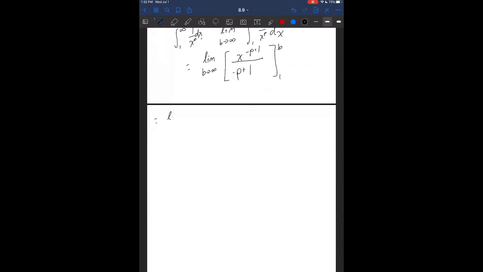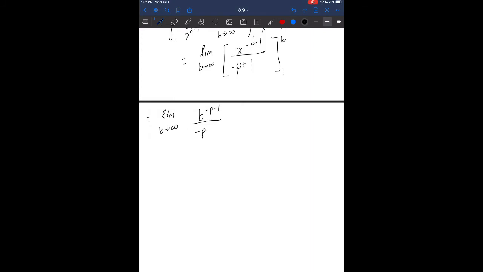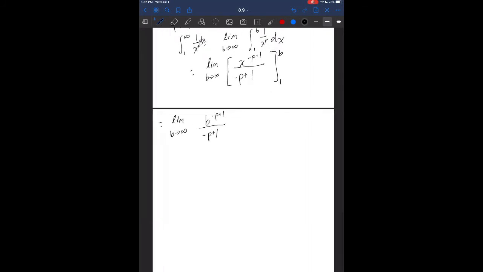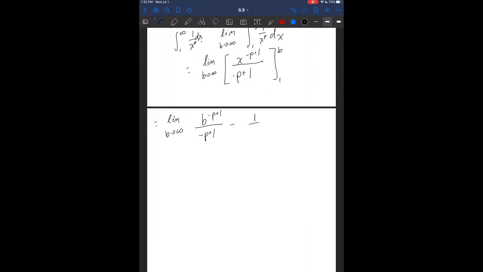Okay. Just plugging things in, we have the limit now as b goes to infinity of b to the negative p plus 1, over negative p plus 1, minus 1 over negative p plus 1. Okay. So what this is all going to come down to at this point is this negative p plus 1 right here.